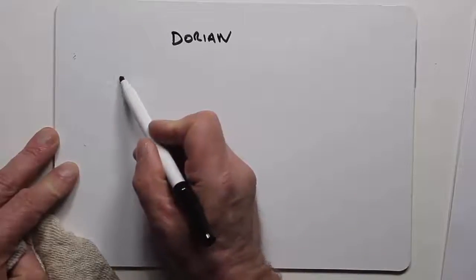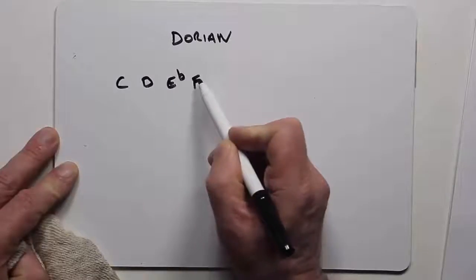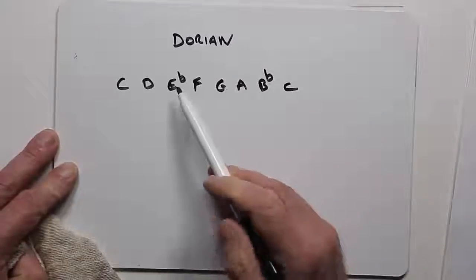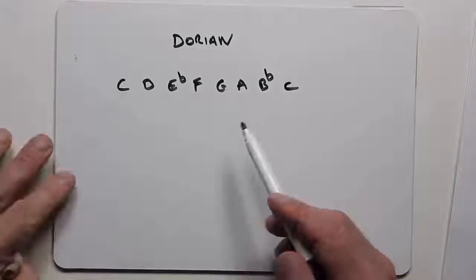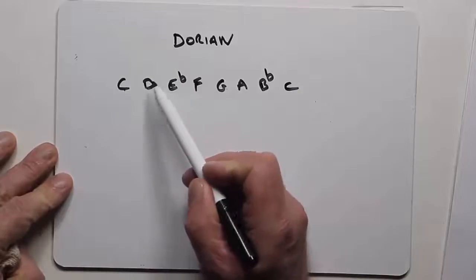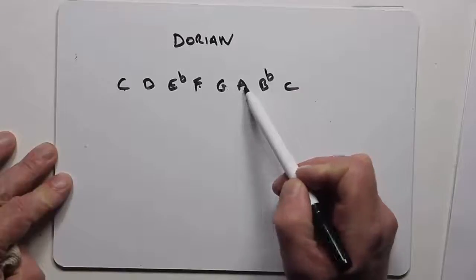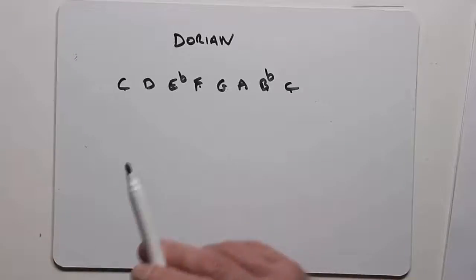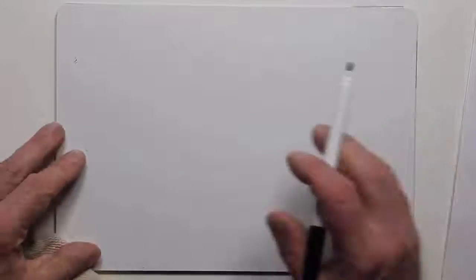So Dorian would be C, D, E flat, F, G, A, B flat, C. Compared to a major scale, a Dorian has a flat 3rd and a flat 7th, and basically you get the same thing: tonic, supertonic, mediant, subdominant, dominant, submediant, and then again subtonic because it's a flattened 7th, and then back to the tonic again. So that's the Dorian. I've given you the natural minor, the Aeolian, so I would give you the Phrygian now.